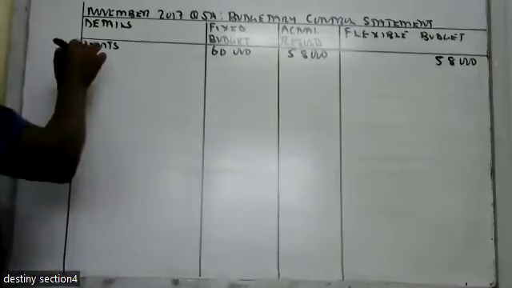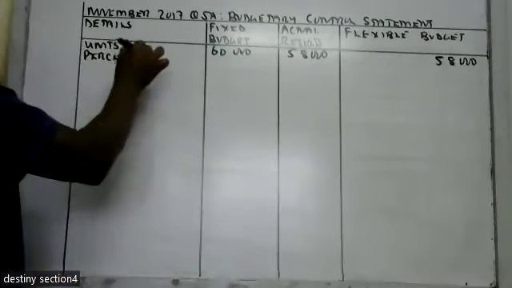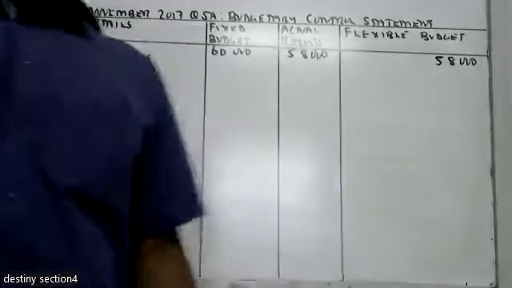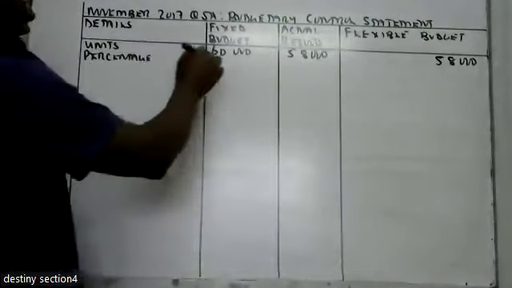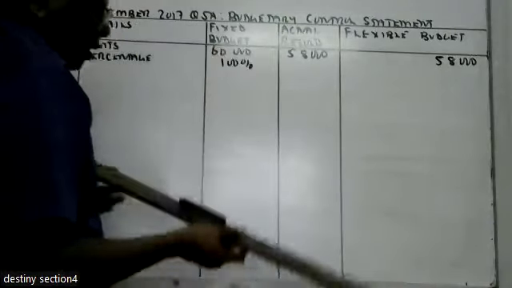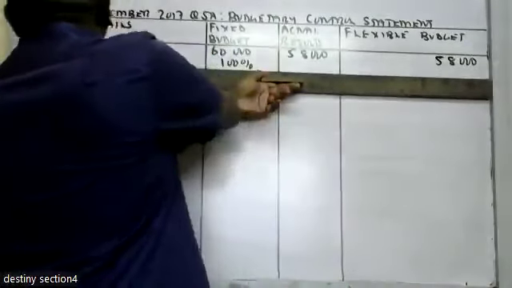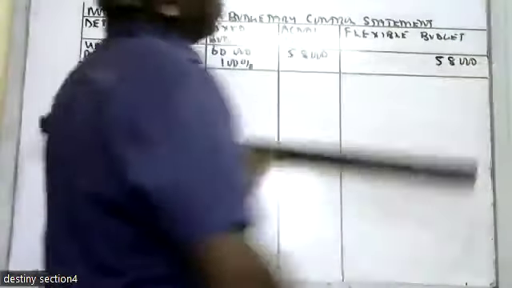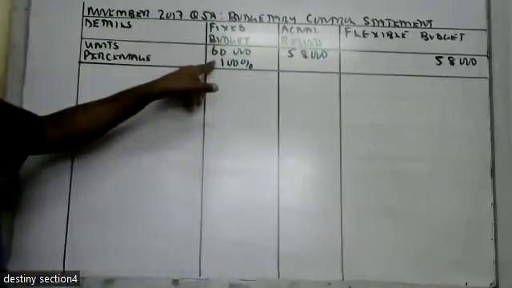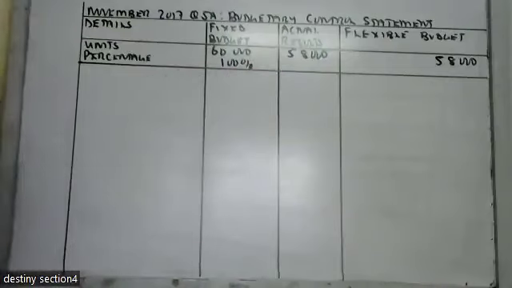Then you give them what we call percentage. In giving the percentage, the original budget is always assigned 100. It's always assigned 100. Sasa, unajiuliza, if 60 is 100%, 58 is what percent? Give me that answer.